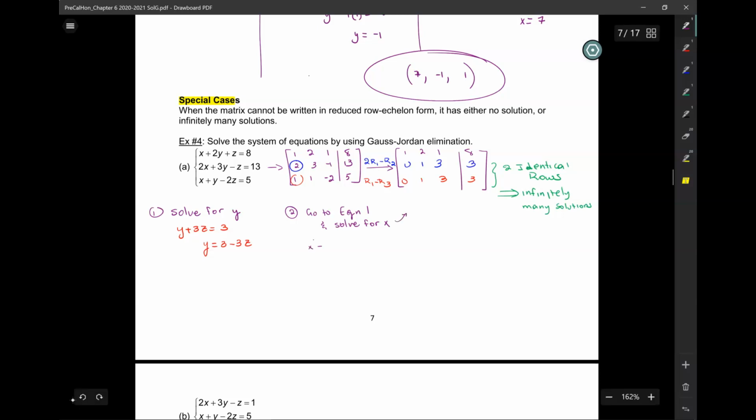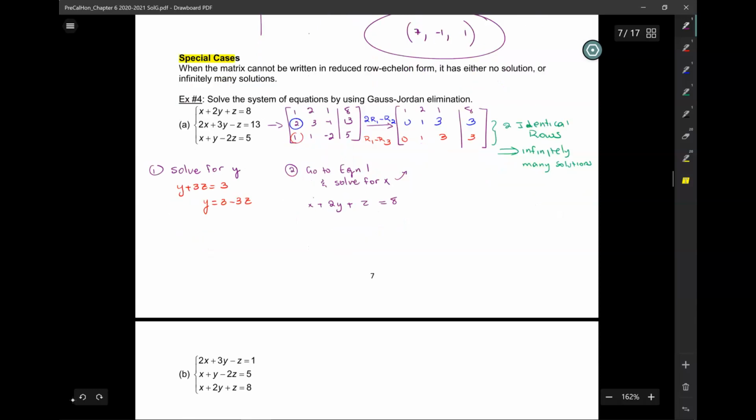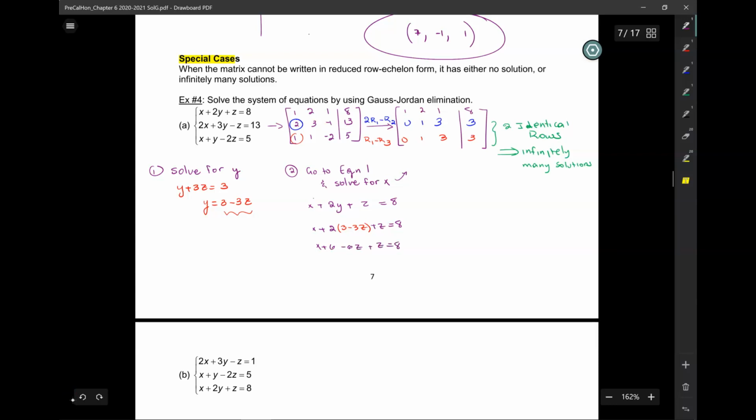That x plus 2y plus z is equal to 8. So that's x plus 2 times, what did we say y was? 3 minus 3z, plus z is equal to 8. Solving, I get x plus 6 minus 6z plus z is equal to 8.